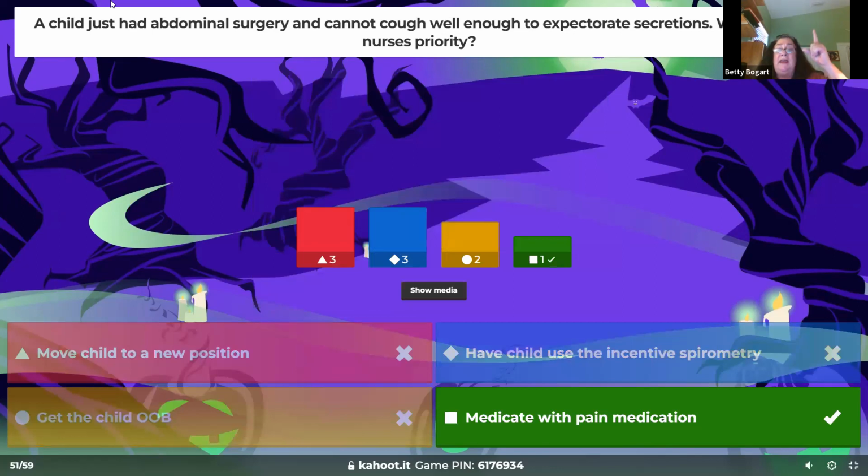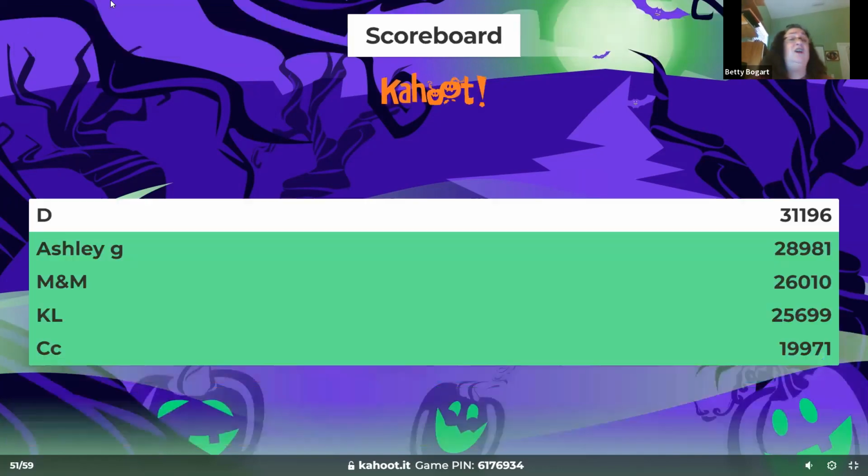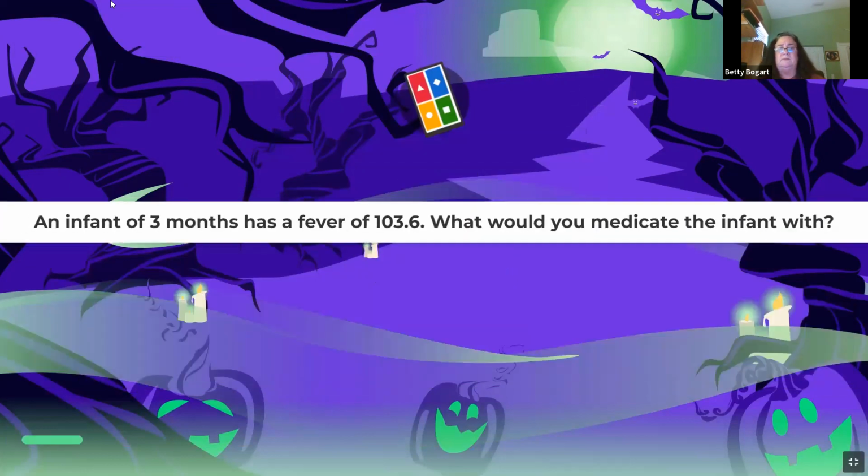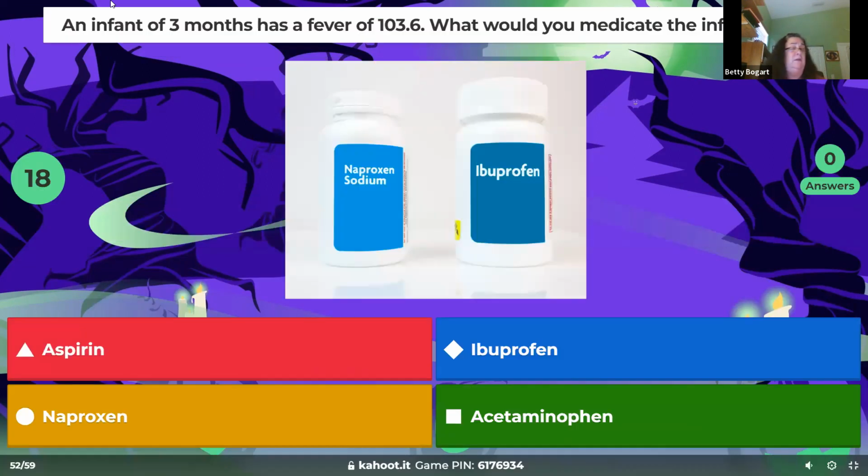We are going to medicate them for pain, number one. And once we medicate them for pain, they can be moved. They'll get out of bed. They'll do incentive spirometry. But if they're in pain, they're not going to do anything, just like an adult. An infant of 3 months has a fever of 103.6. What would you medicate the infant with?